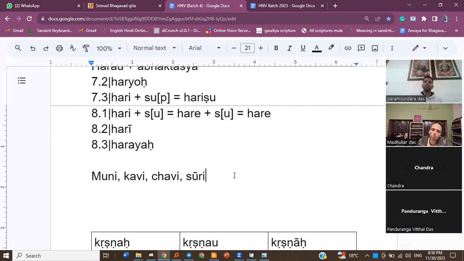So you have a week until the next class. I really request that please be up to date with the declensions. If you're not memorizing the sutras, that's okay. But please try to retain the concepts of the sutras.